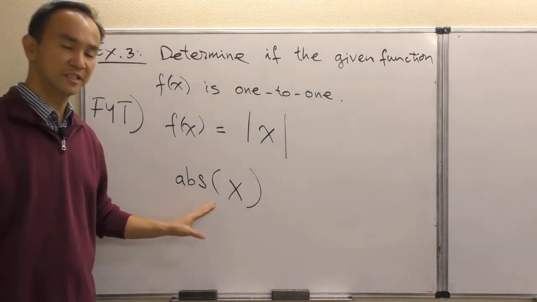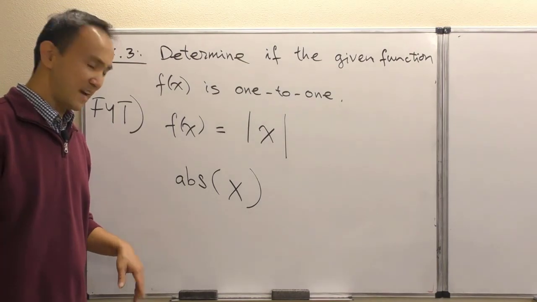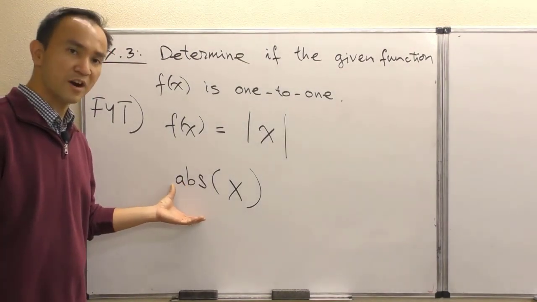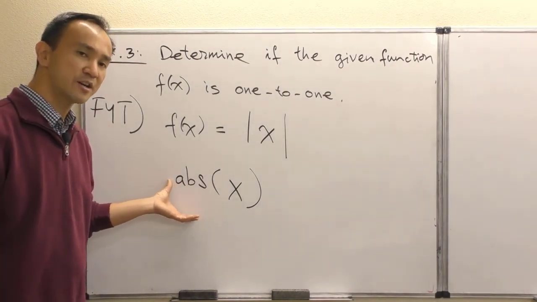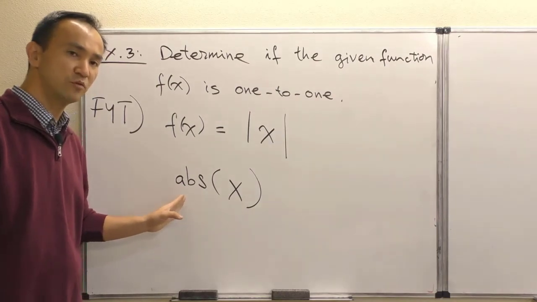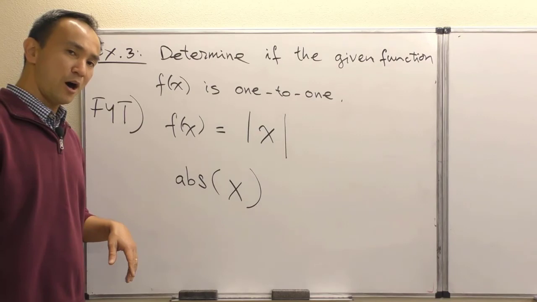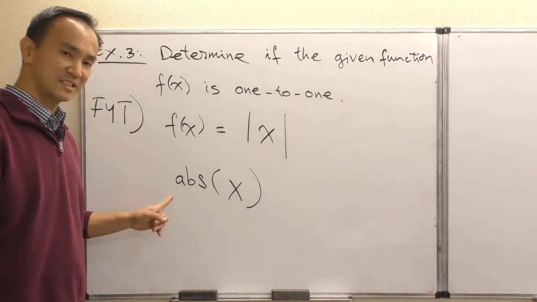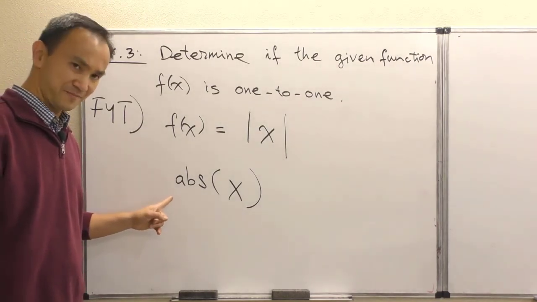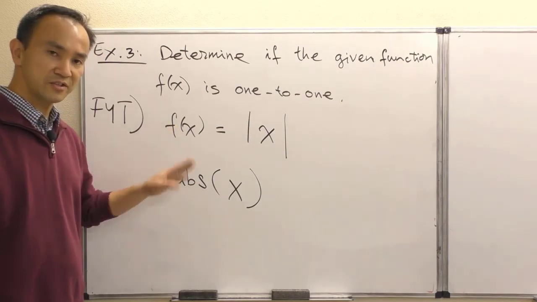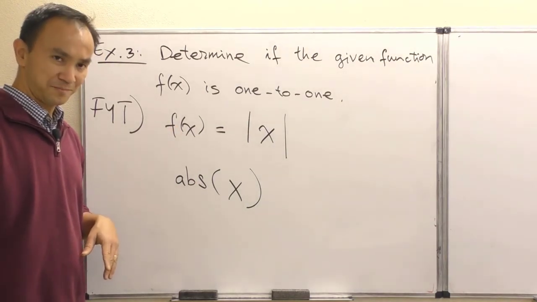That's for a lot of programs, including your TI calculator. We'll use this command as absolute value. Now go ahead and pause the video, get your function graphed, and decide whether this function is 1 to 1 or not 1 to 1.